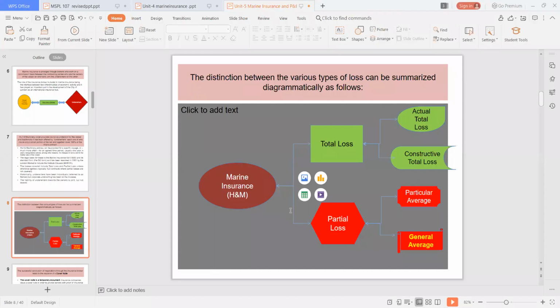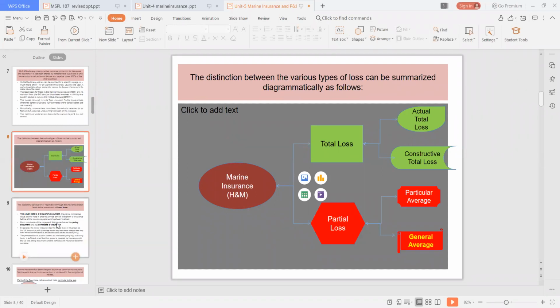In partial: particular average, general average. So draw this diagram also for a better understanding. You can write it and be able to answer in the examination.